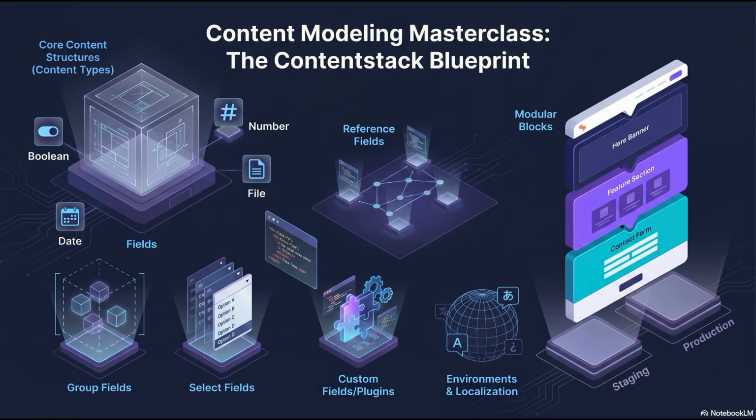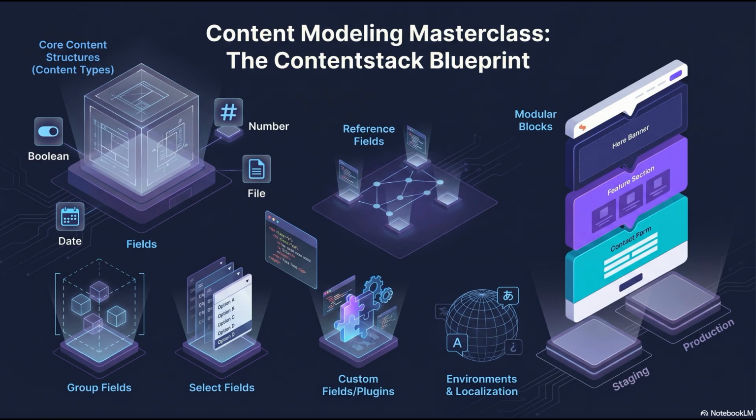Okay, we have covered so much ground today. Let's wrap up this deep dive. We started with the theoretical blueprints of content modeling. We moved through the isolated testing of publishing environments and versioning. We dug into the granular application of fundamental fields, reference fields for relationships, select fields for taxonomies. We talked about securing the RTE field and organizing with group and custom fields.